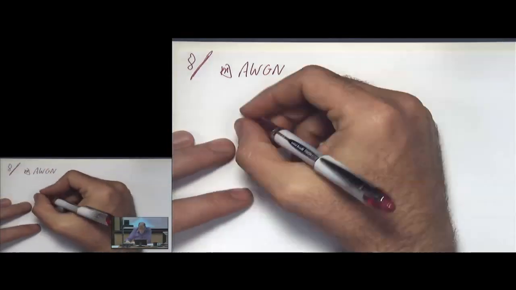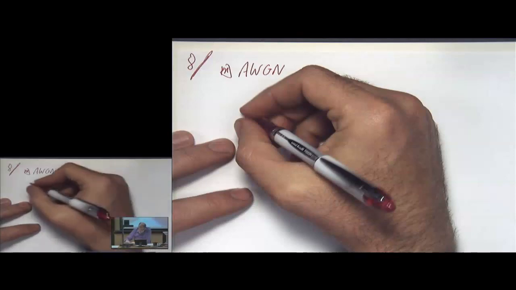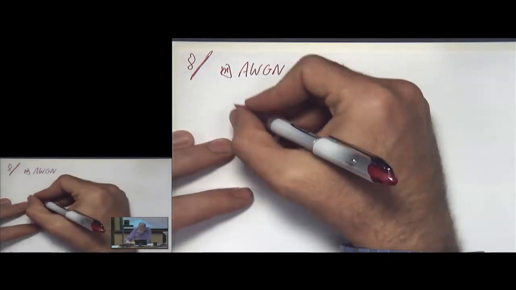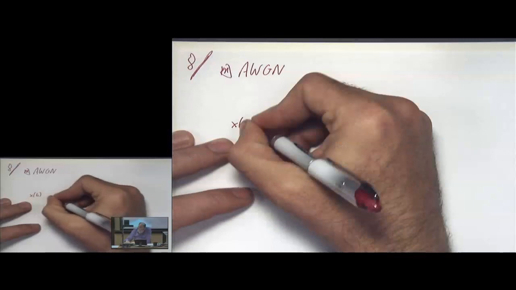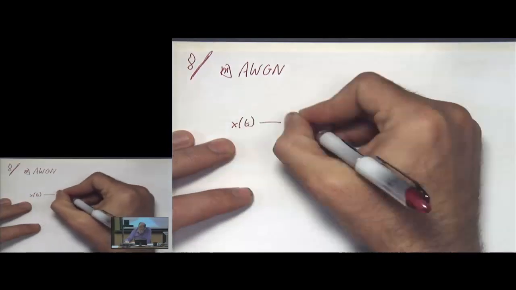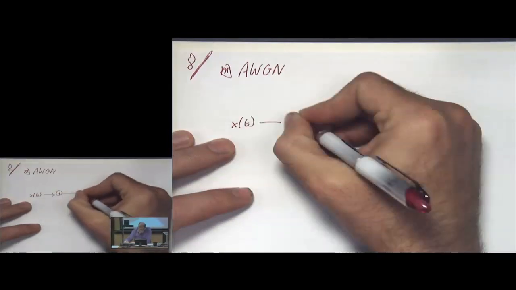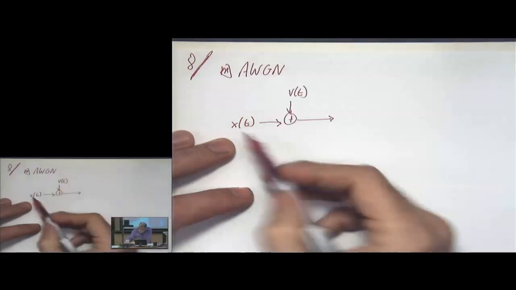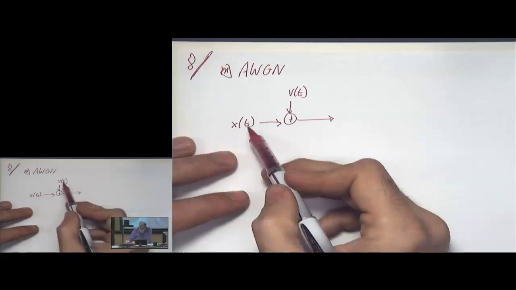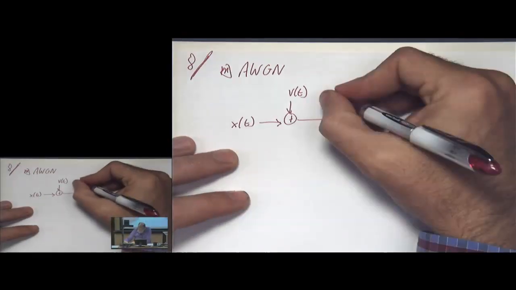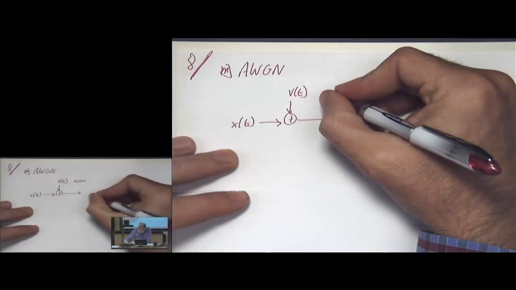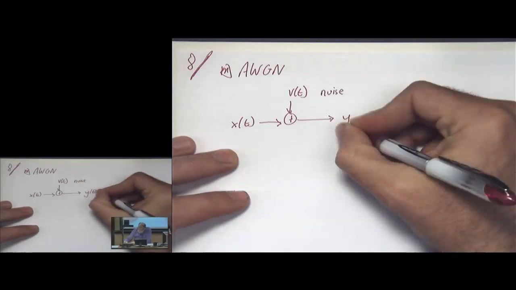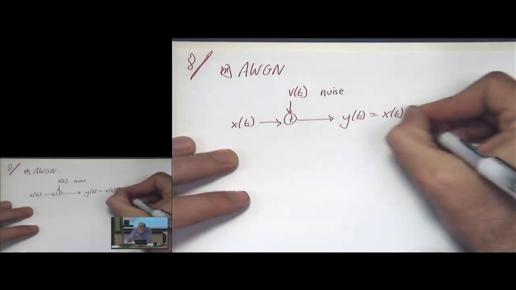The additive white Gaussian noise channel is a mathematical model for a particular type of distortion in a communication signal, which is additive. This is our complex baseband signal x of t. This v of t is noise, and the resulting signal is y of t equals x of t plus v of t.